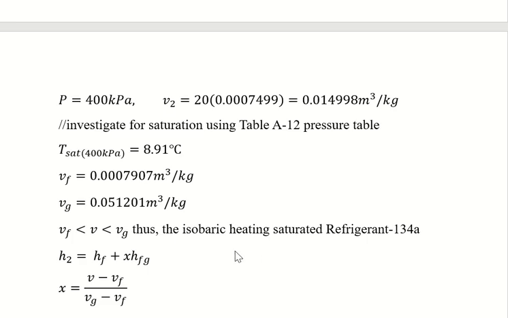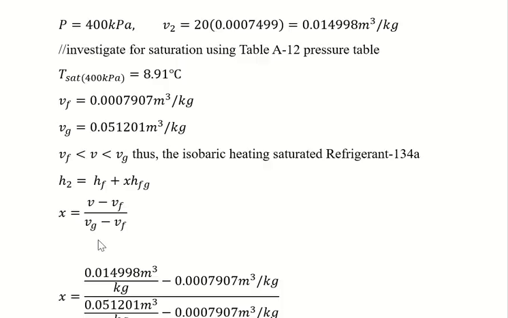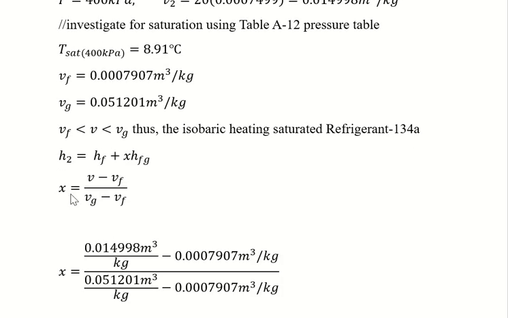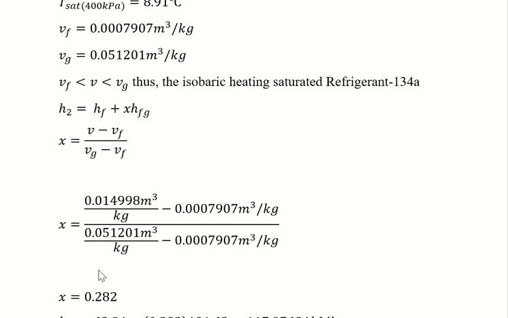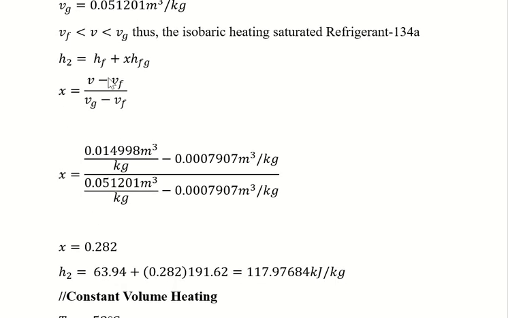And once we do that, we can go ahead and find the value of the quality. Why do we go ahead? Because every time you have a saturated mixture, you know that mixture has something to do with the quality concept. So basically you substitute for this formula and you get this as your answer.